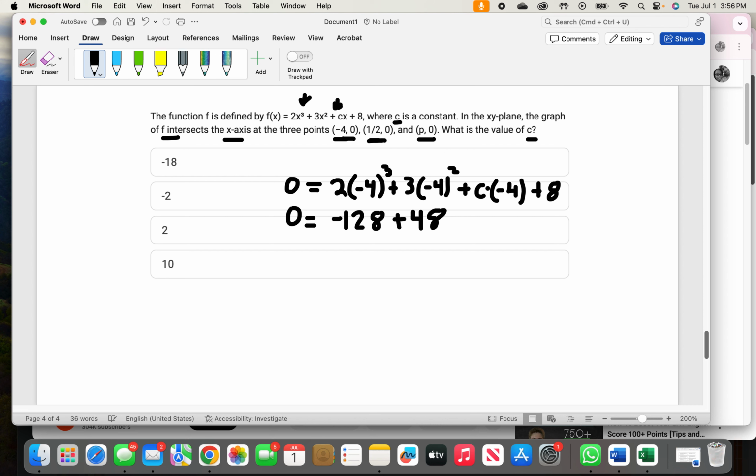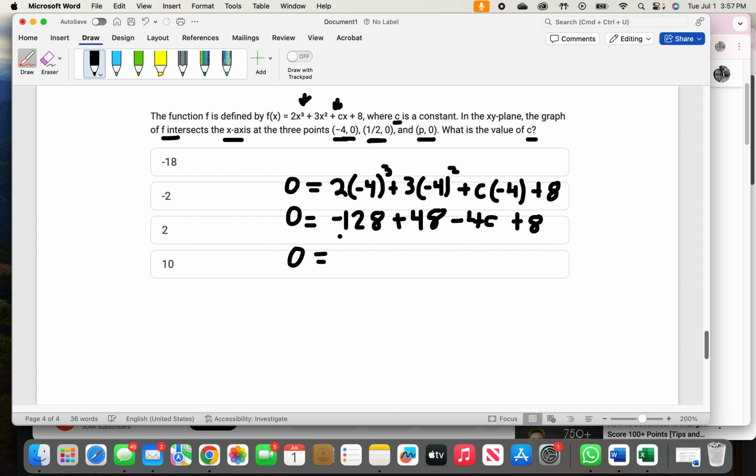And now here, I don't know what c is, so c is going to stay, and I have -4 times c is -4c. And now plus 8. That 8 comes down because there's nothing to do with that 8 right now. Okay, my equation is looking better. I still have 0 on this side. So now I'm going to combine my like terms.